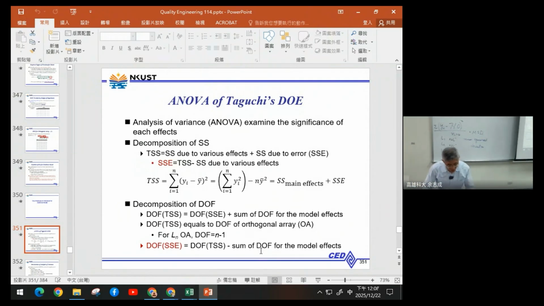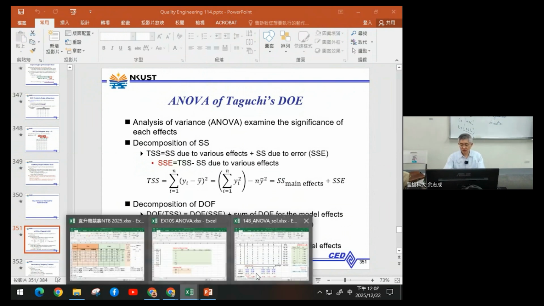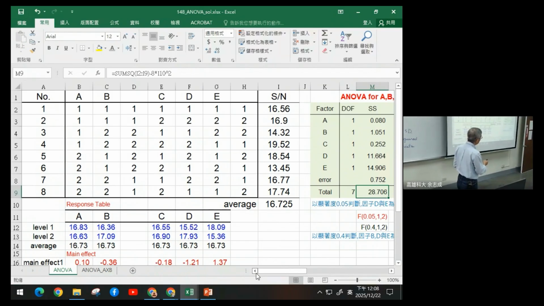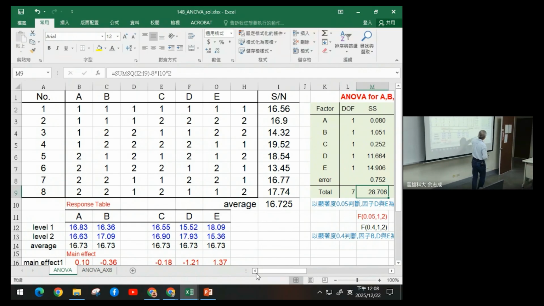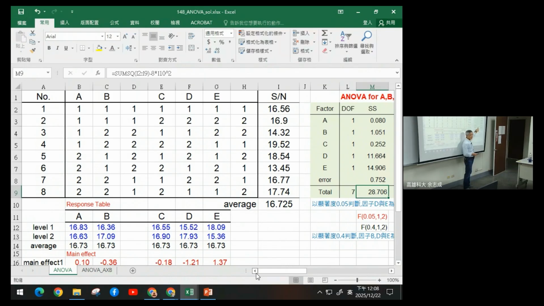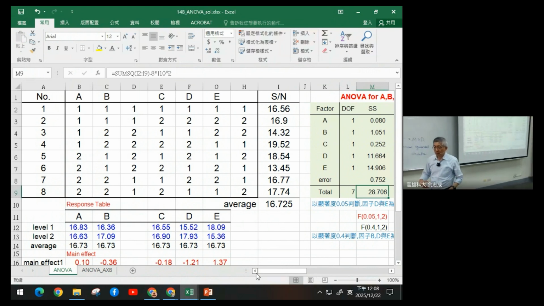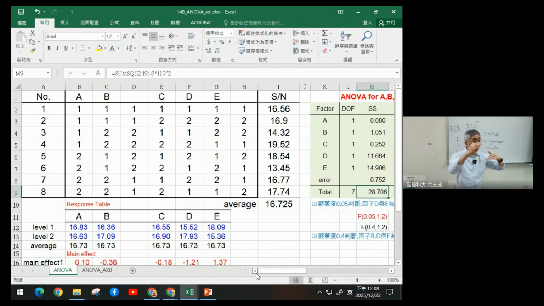So let's go back to the Excel table. How many degrees of freedom can be used to estimate the error? Here, the total degree of freedom is 7. And we are using 1, 2, 3, 4, 5 degrees of freedom to estimate the main effects. Therefore, you will have 2 degrees of freedom, 7 minus 5, to estimate the error terms, or the differences are due to the change of the error terms.